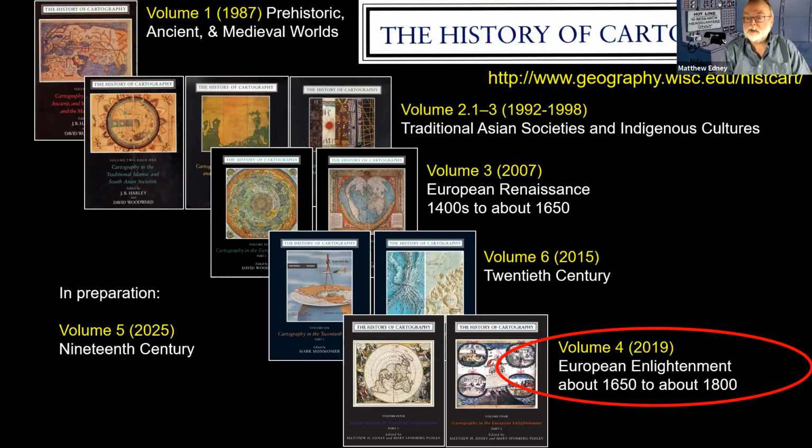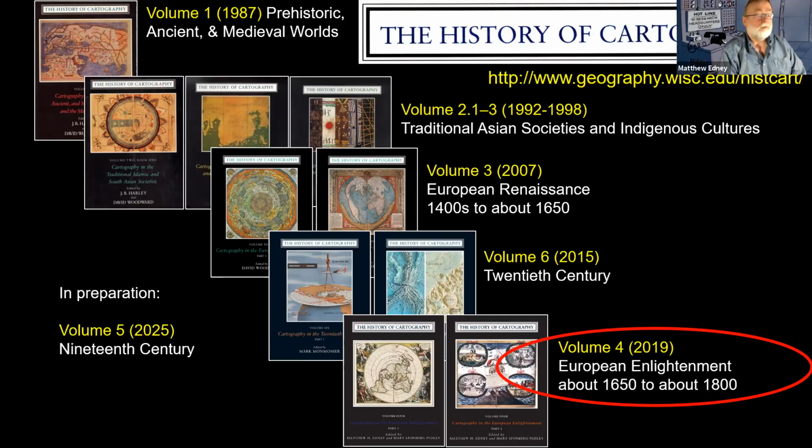And so Mary and I were invited for our respective interests, me on the surveying and the geographical side of things, and Mary on the trade and the printing side of things. And so we put them all together. I should say that initially Graham Burnett was also working with us until the pressures of trying to get tenure at Princeton meant that he could not continue as editor, so he stepped down.